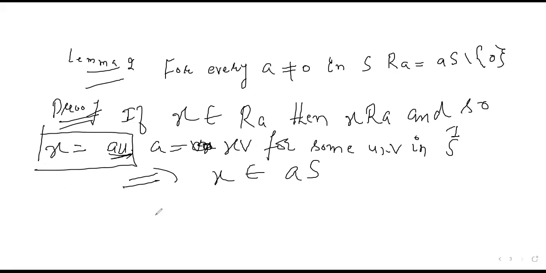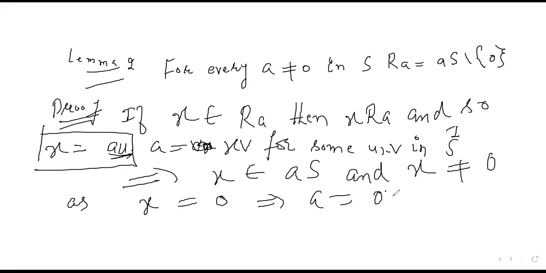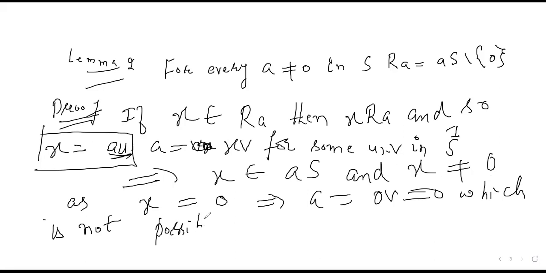And X is not equal to 0, as X equal to 0 implies A equal to 0, which is not possible.